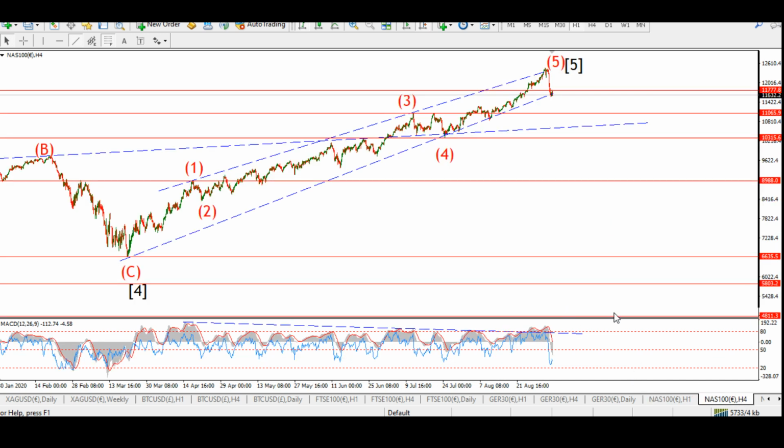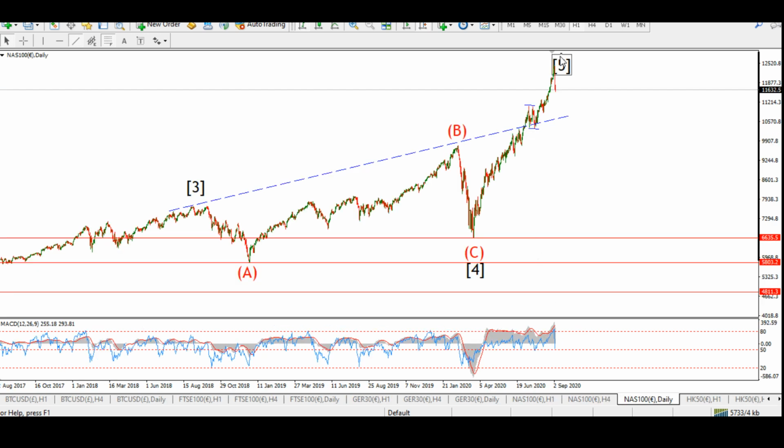So again, the Nasdaq, the daily count, see how we went to an insane new high. The daily count traces out 5 waves up to complete wave 5, all-time high, and the bear market, again, should trace out 3 waves.